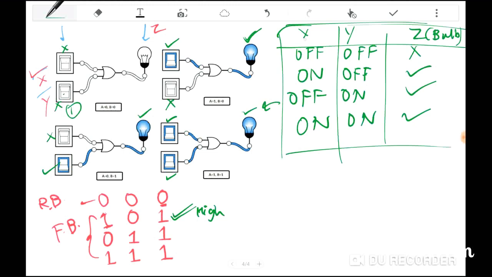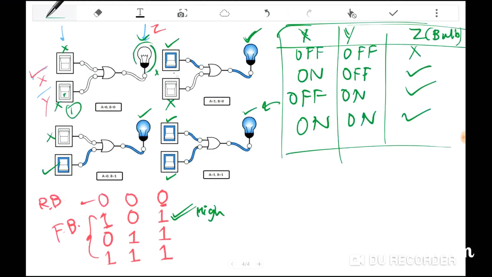What I've done is this X input is your switch number 1 and the Y input is your switch number 2 and the Z is your bulb. According to the inputs that I'm giving via the switches, the bulb is reacting to it. So again I'm summarizing it for you. If both the switches are completely off, we don't get any output.